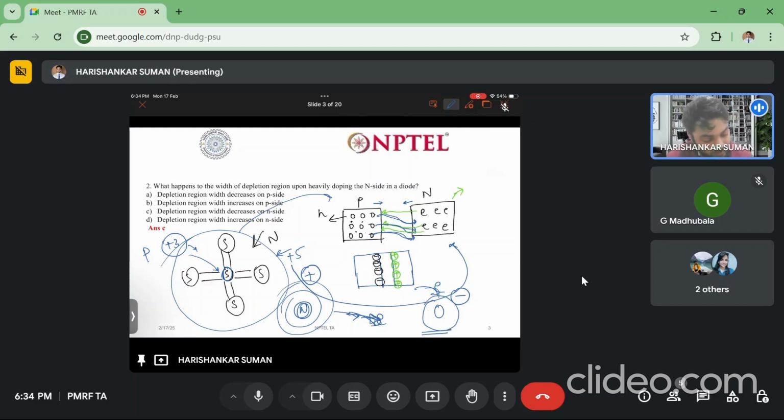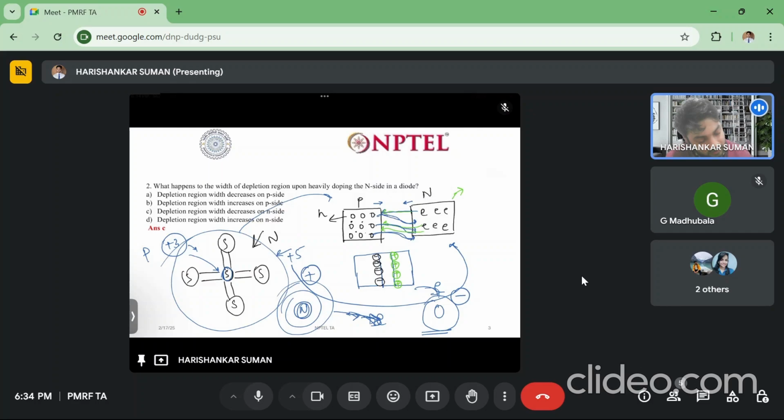So if an electron is donated to the p side, this side is positive, and the receiving side is negative. That's why this is the acceptor and this is the donor.